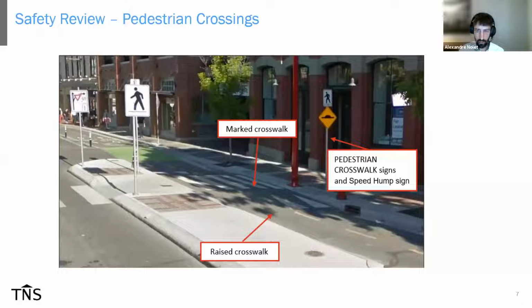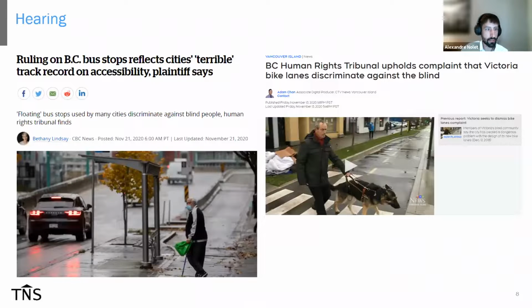So that conclusion was provided in the form of a report, but also in court too. I had to testify about that.